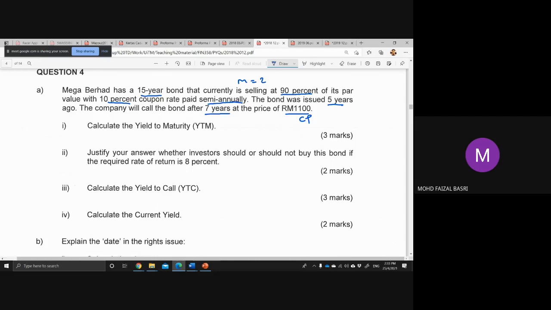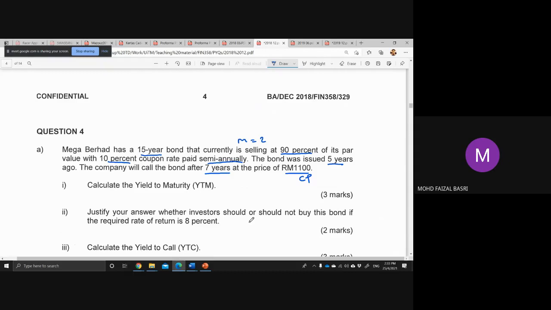So every time you look at this kind of question, especially if there is some adjustment that we need to make, it's better to put it in perspective in a timeline. Originally it's a 15-year bond. This is the original. And the bond was issued 5 years ago, so we ourselves will be in the 5th year.